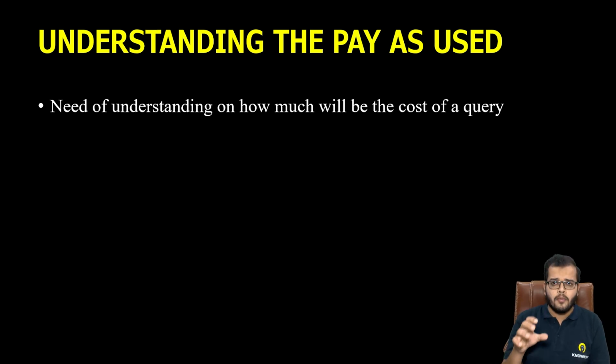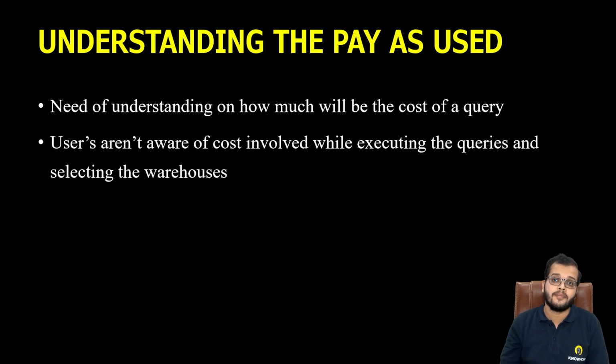If you are writing a complicated query, it will take much workload. It will take a lot of time for execution. In the same way, it will take more size and memory, so the credits will also increase. So you have to understand how much cost will be consumed for the query that you are working on.